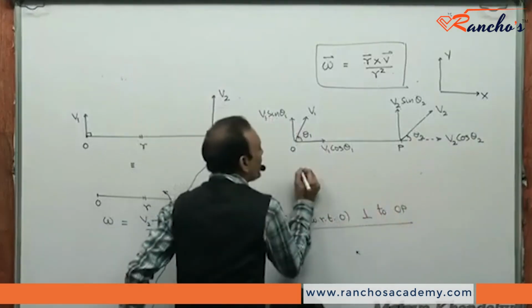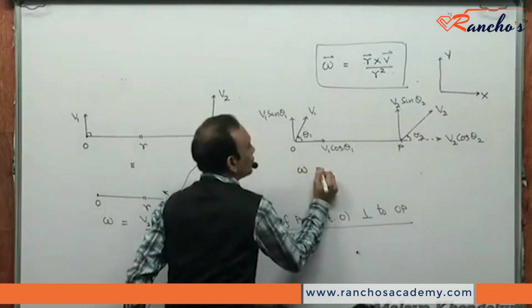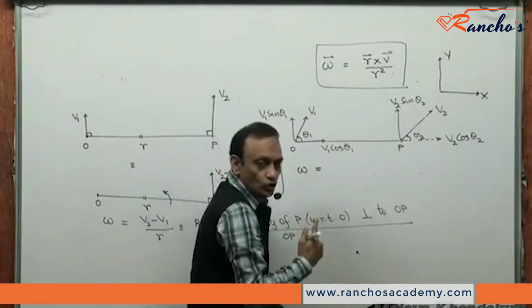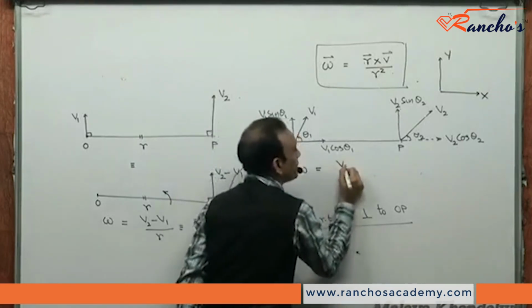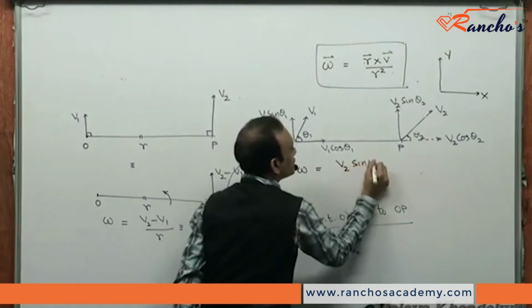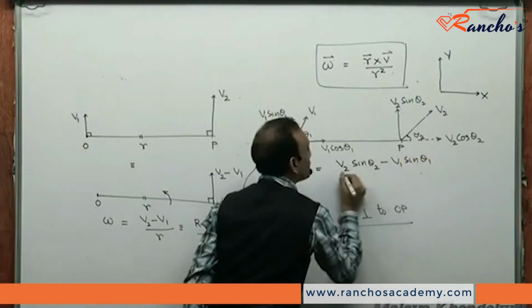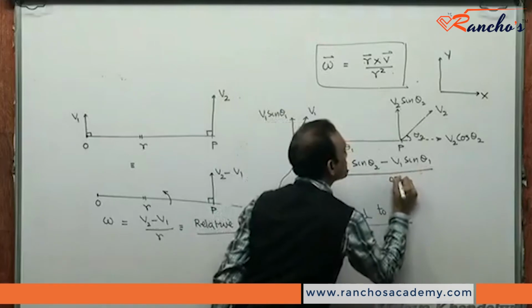So in this case, omega of P as seen by O is going to be given by relative velocity perpendicular to OP. What is relative velocity perpendicular to OP? V2 sin theta 2 minus V1 sin theta 1 divided by R, which is OP.